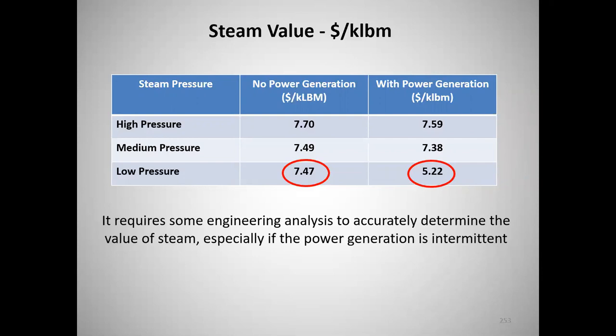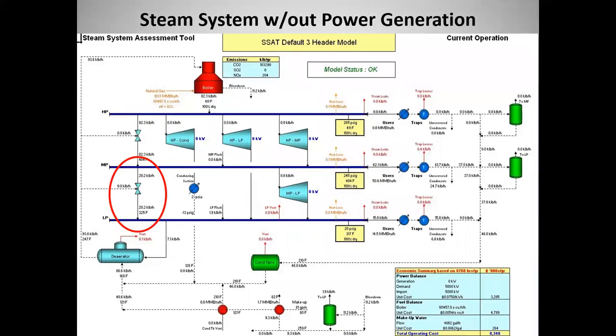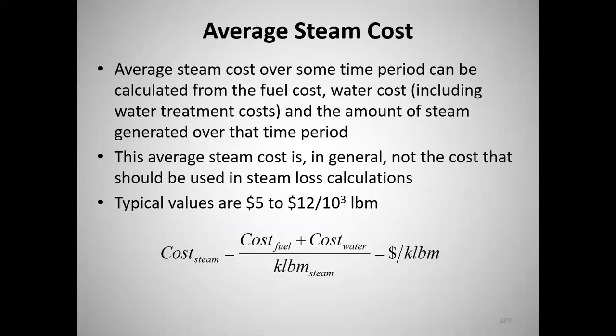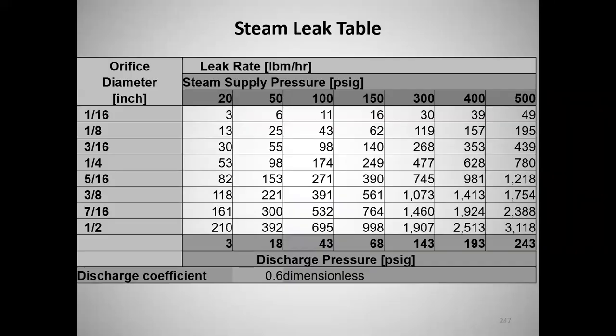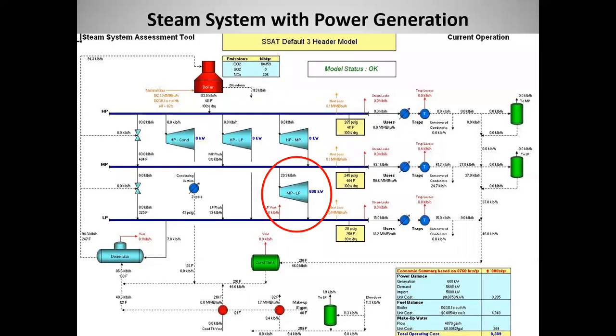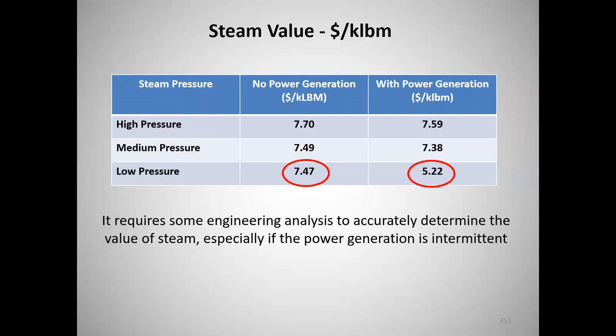Okay, so this is back in the section looking at impact, cost, and steam leaks, steam leak tables, all this sort of thing. So I wanted to start here. Measure will calculate this for you. It really takes a software tool to do this, but this is looking at the value of steam at different pressures.